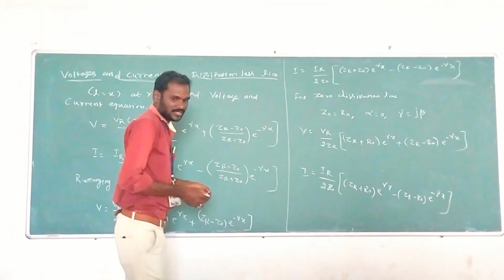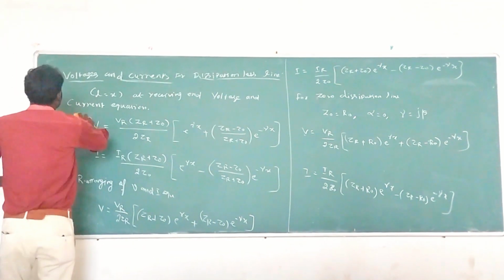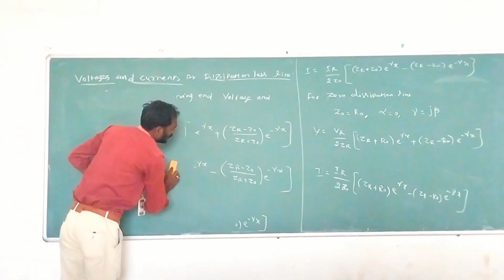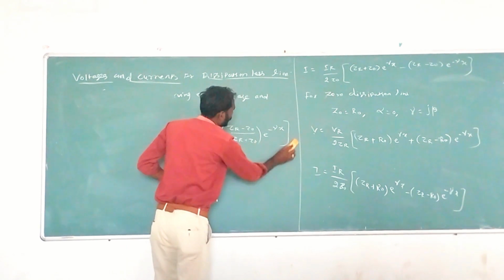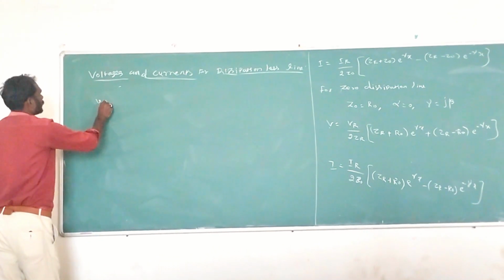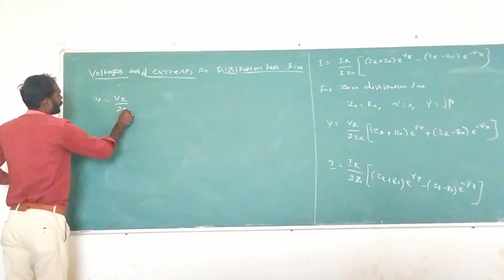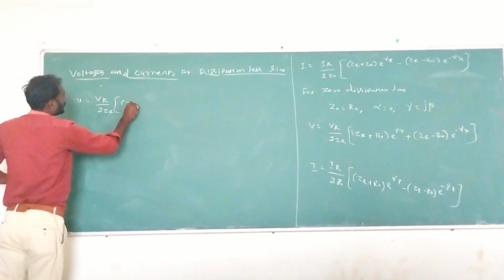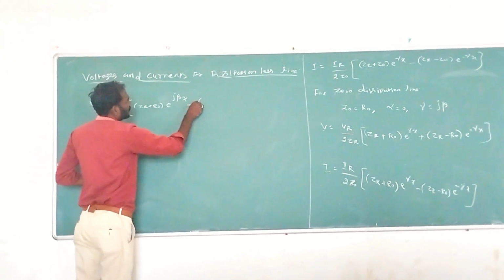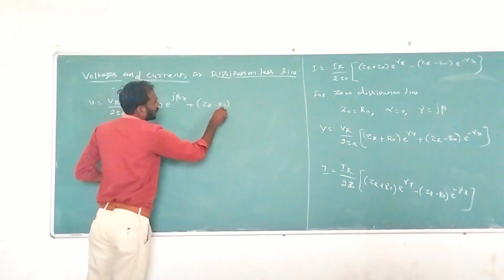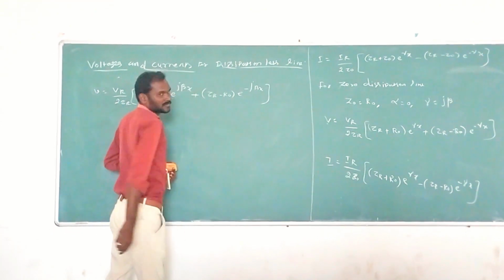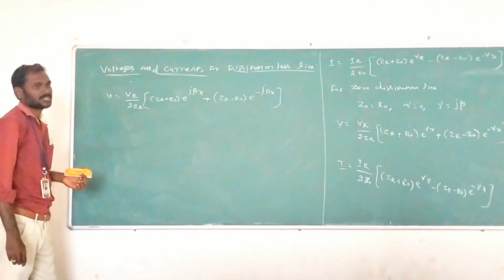Another form of the voltage and current equations, simply: gamma is equal to j beta, we substitute. So V is equal to VR by 2 ZR into (ZR plus R0) e power j beta X plus (ZR minus R0) e power minus j beta X. Alpha is equal to 0 because it is a zero dissipation line.